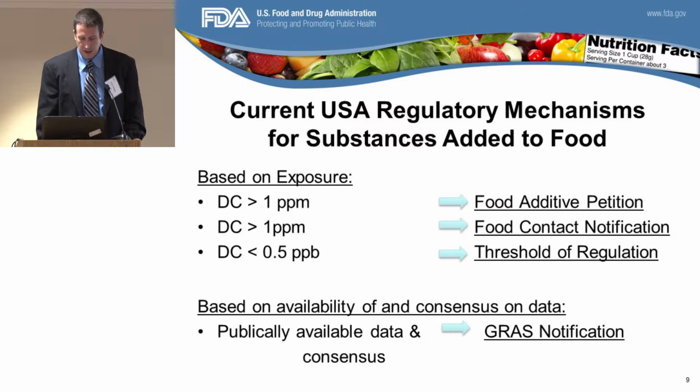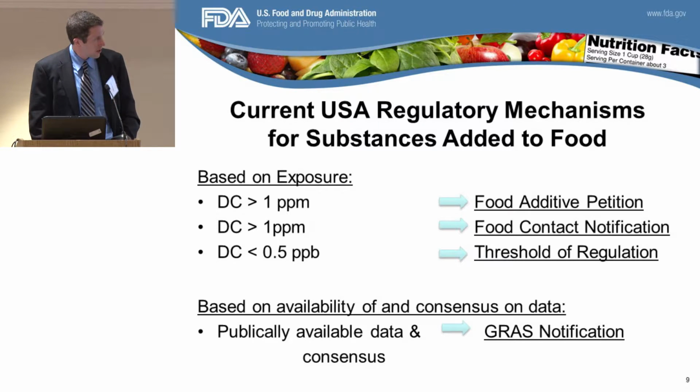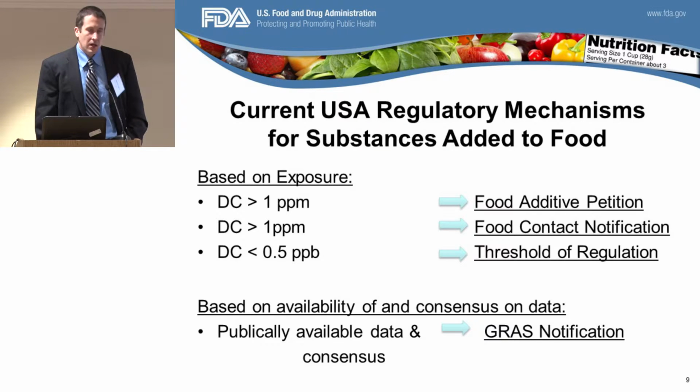We'll talk about that in a little bit. I would note there's a typo here for the food contact notification, that it should be a dietary concentration of less than 1 part per million. If you have a dietary concentration of less than 1 part per million, you can submit a food contact notification to FDA.